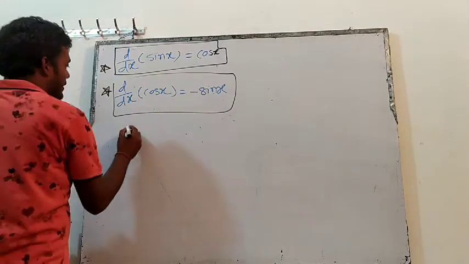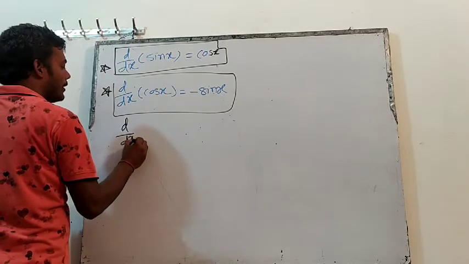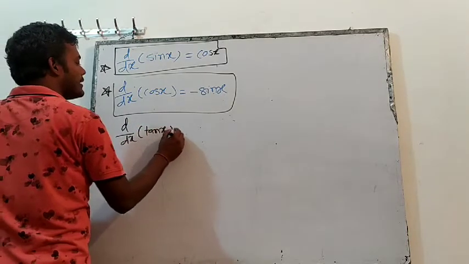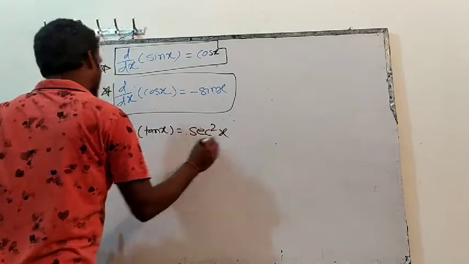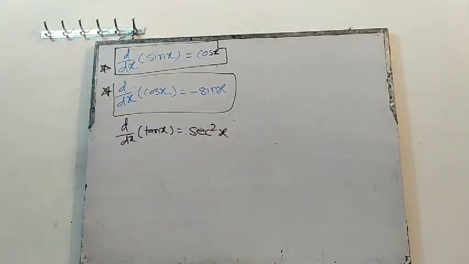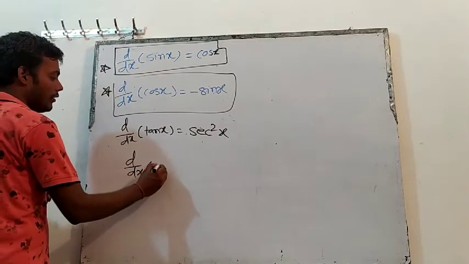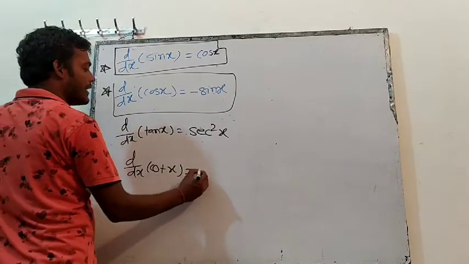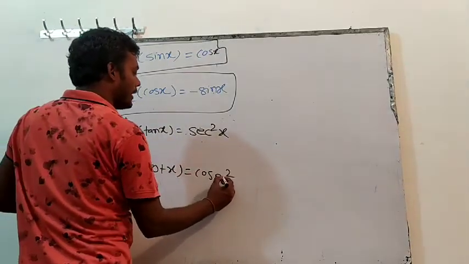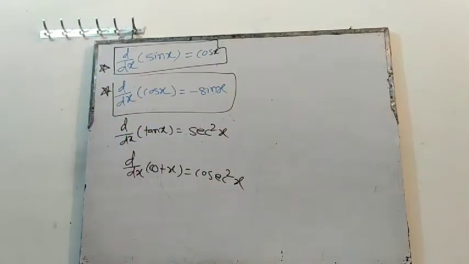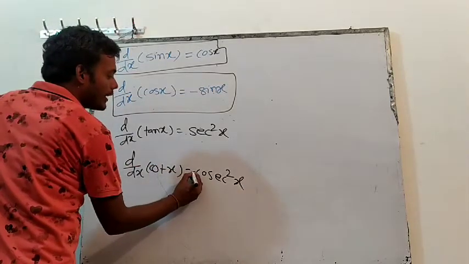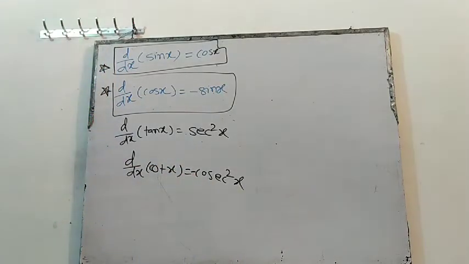Then the differentiation of tan x is equal to sec square x. Differentiation of cot x is minus cosec square x. Oh sorry, the differentiation of cot x is minus cosec square x.